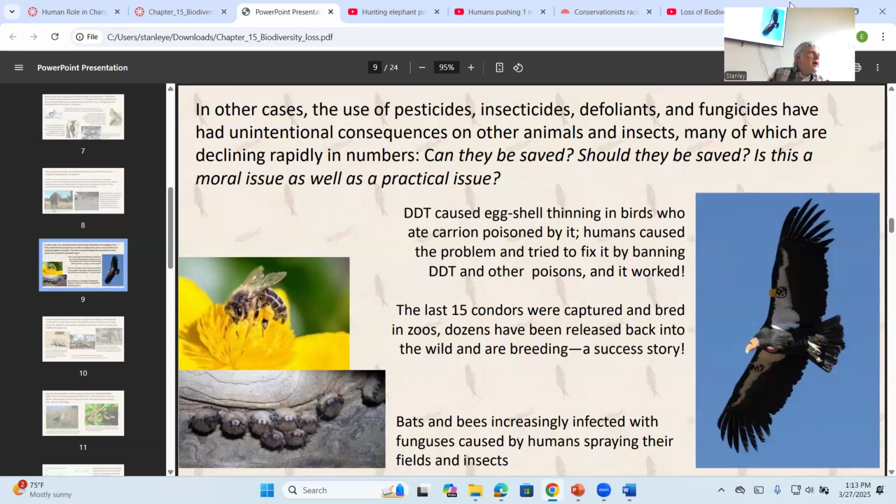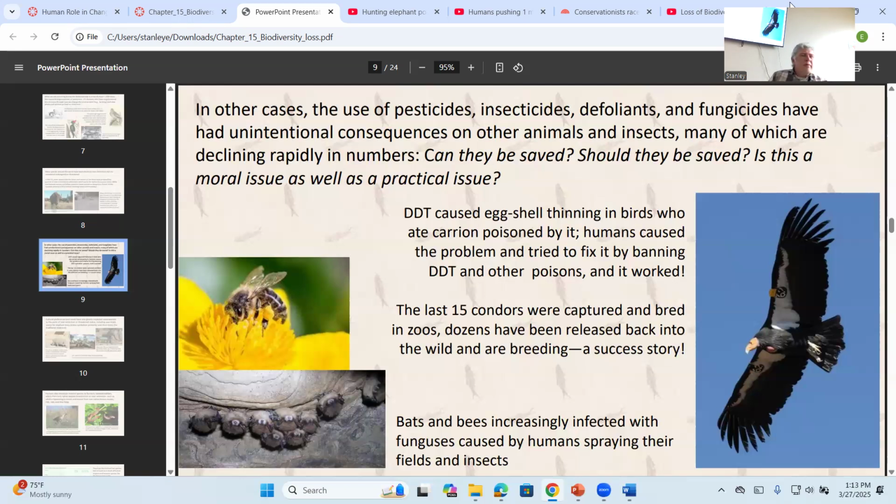We're spraying for one kind of pest, but the insecticide isn't targeted enough. It can kill animals and plants outright, but it can also just make them more vulnerable to other extinction drivers, right?